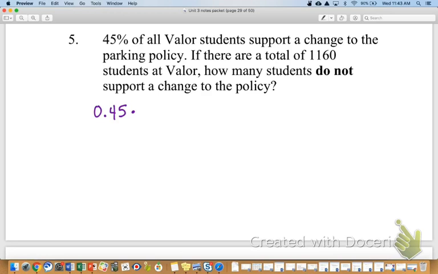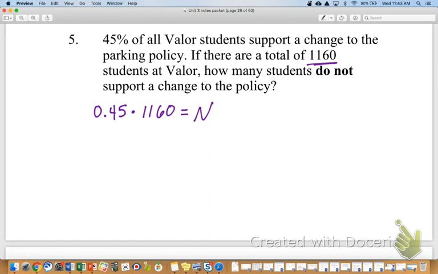So the question becomes, do we know how many students constitute all Valor students? Yes. How many? 1,160. Isn't it right here? Doesn't this indicate that that's all of the students? So 45% of all students is really saying 45% of 1,160. This is the number of students who do support a change.